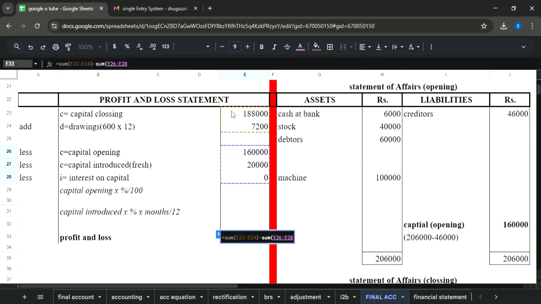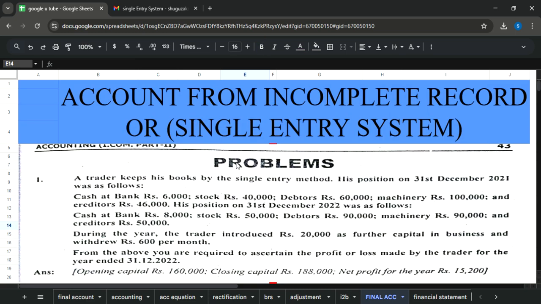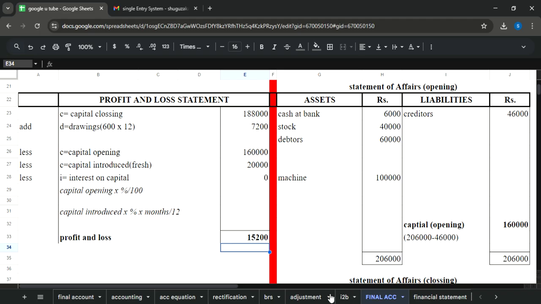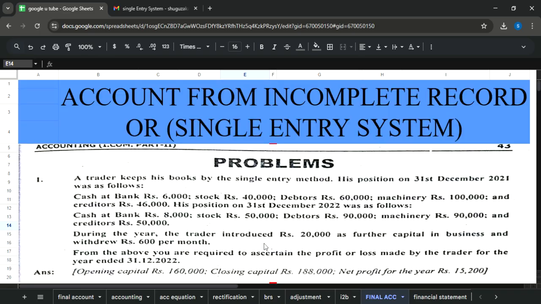We will add the first two items and then we will subtract all the other three items. So finally we have got 15,200. Look here, net profit is 15,200 and here you have got 15,200. So guys, in this way you have completed your question. All answers are matched. There were three answers and all answers are matched.